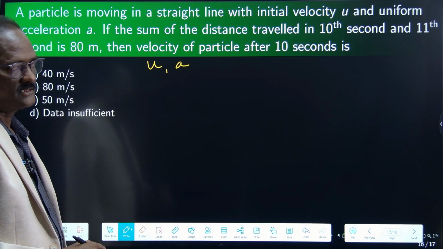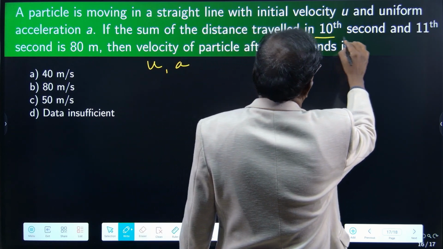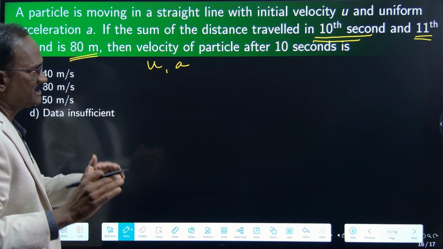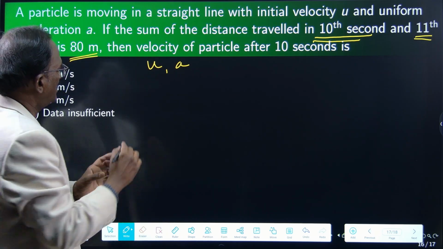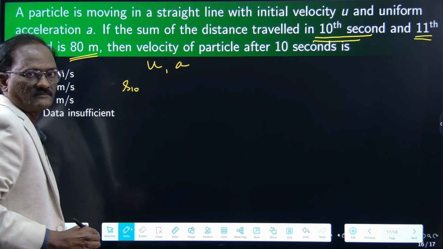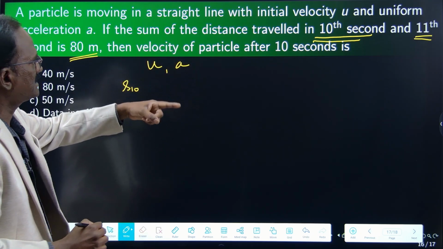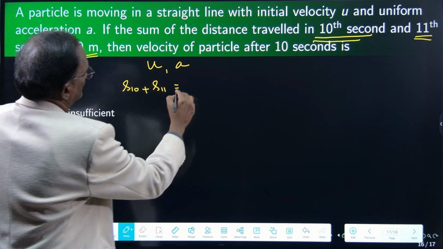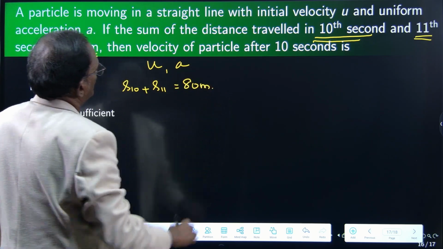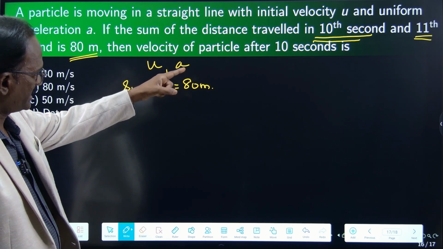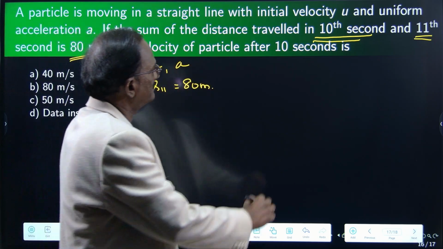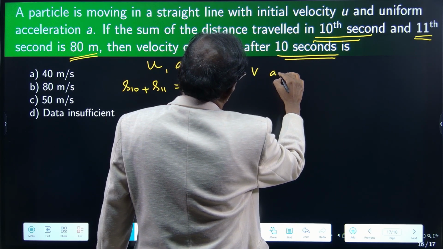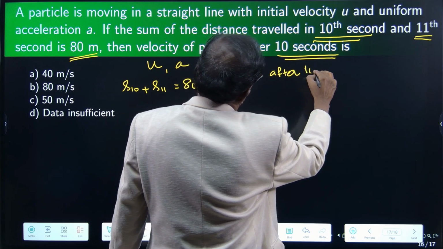If the sum of the distance traveled in the 10th second and 11th second is 80 meter, that is, S10 plus S11 is equal to 80 meter, then find the velocity of the particle after 10 seconds.